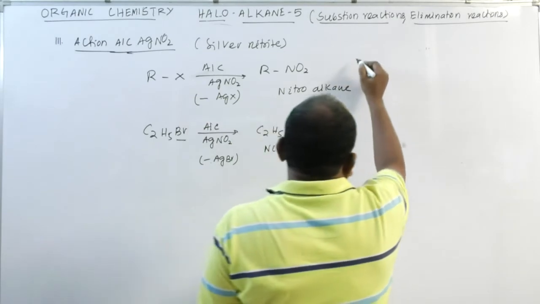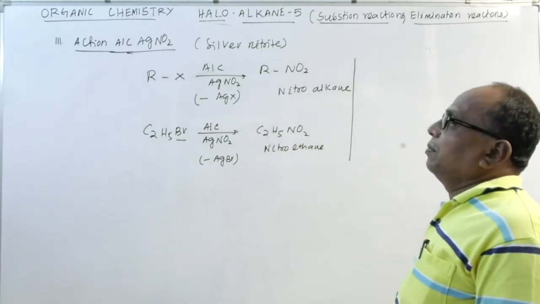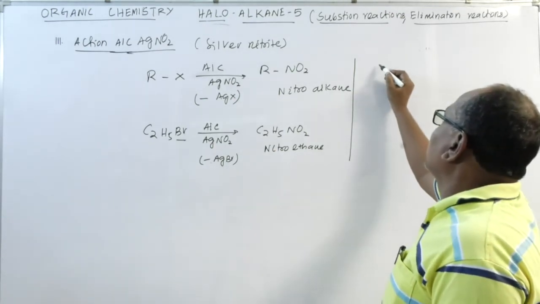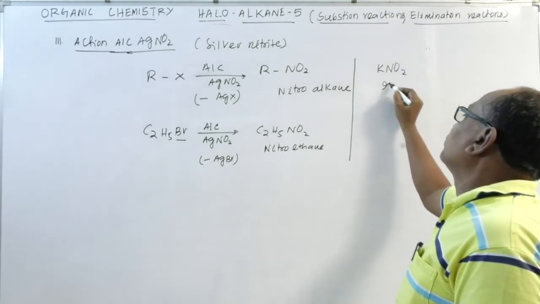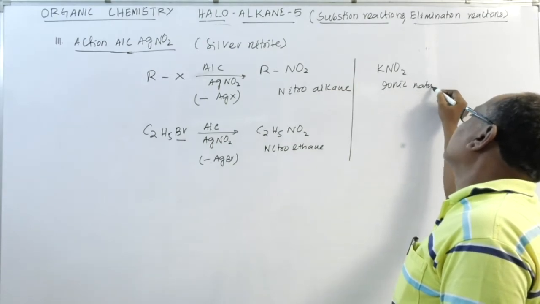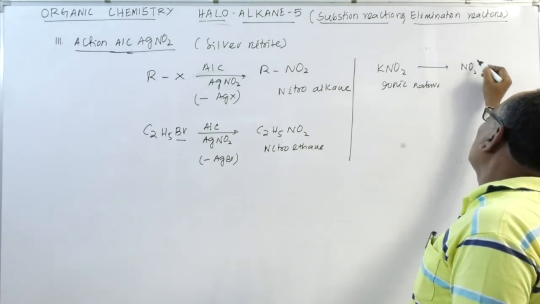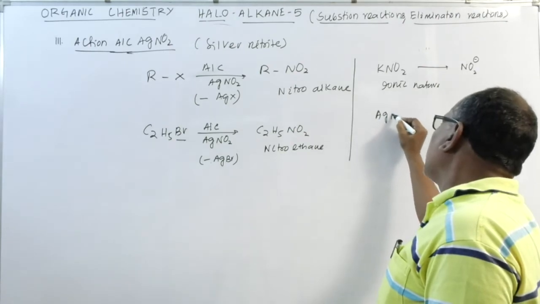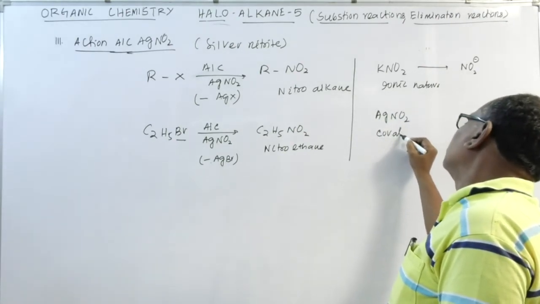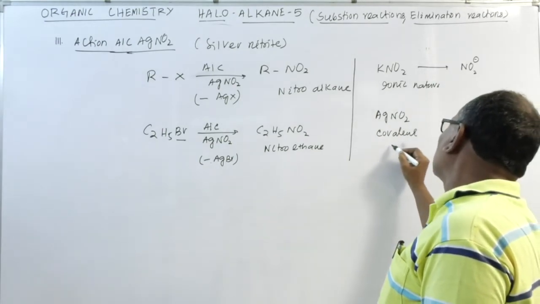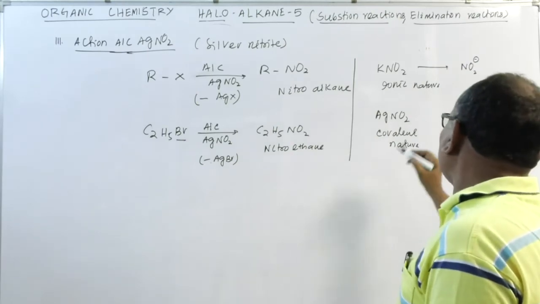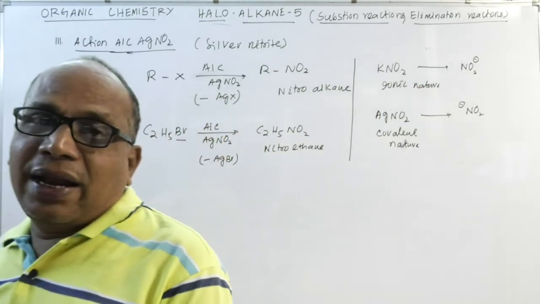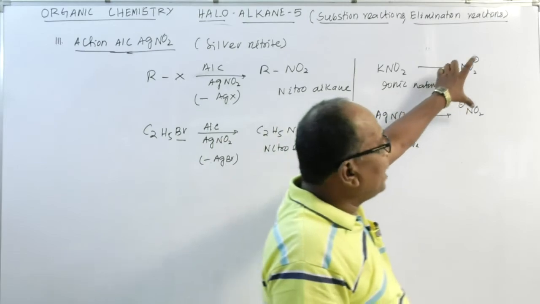Here also the reaction of alkyl halide with KNO2 and AgNO2 gives two different products, because KNO2 is ionic in nature, it provides NO2 minus with the negative charge possessed by the oxygen atom, and in case of AgNO2 this is covalent in nature, it provides the nucleophile in which the nitrogen atom carries the negative charge, and this is also known as ambident nucleophile.